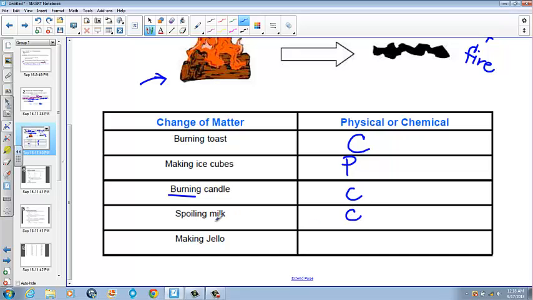It's not reversible. Once the milk has gone bad, that's it. You're going to throw it away. You can't actually do anything to it to make it become good again. Making Jell-O, we're going to say, is a physical change. Okay? Because actually, if you add water to the Jell-O, you're actually going backwards into the process. So we will say that it is a physical change.